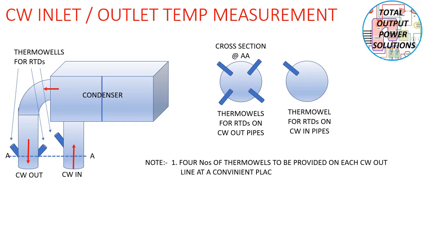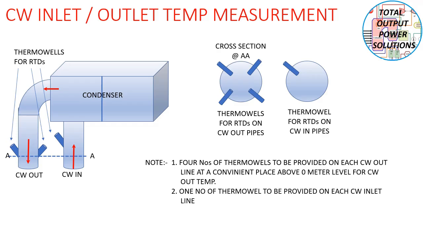On the inlet side, you have one thermowell for an RTD on the CW inlet pipe, and there are 4 thermowells on the CW outlet pipe, which have to be measured very carefully. 4 thermowells are to be provided on each CW outlet line at a convenient place above the 0 meter level for CW outlet temperature. 1 thermowell is to be provided on each CW inlet line for CW inlet temperature. All thermowells should be approximately 300 mm deep so that the temperatures can be measured accurately.